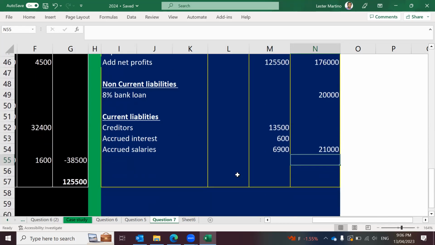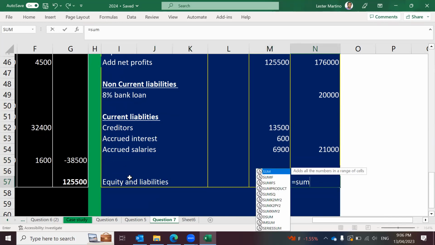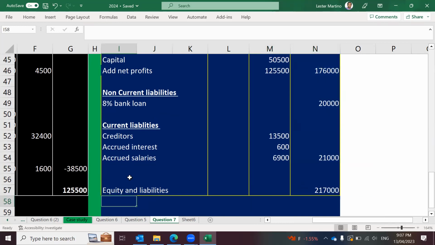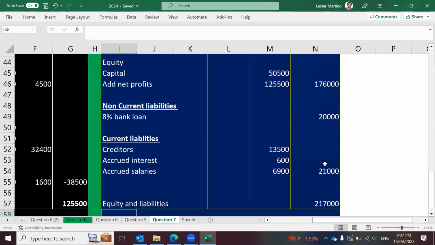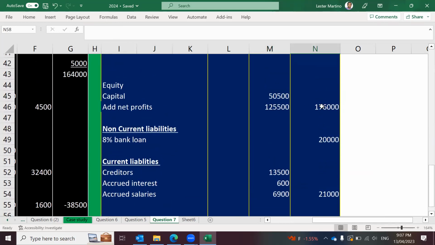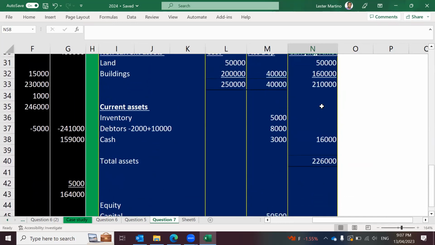Shall we take the total here? So write it down, equity and liabilities. I think we missed.